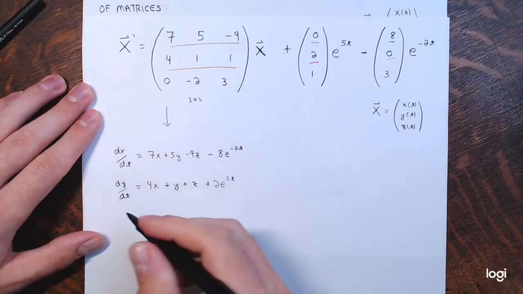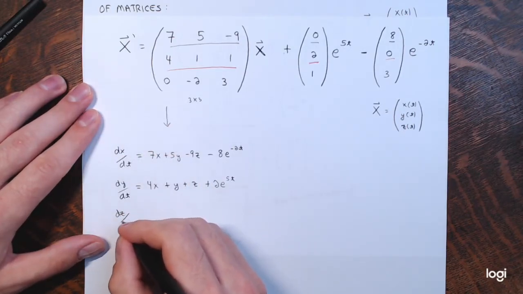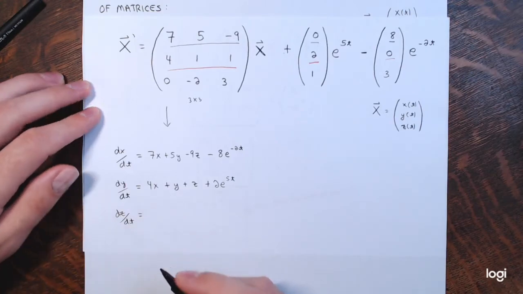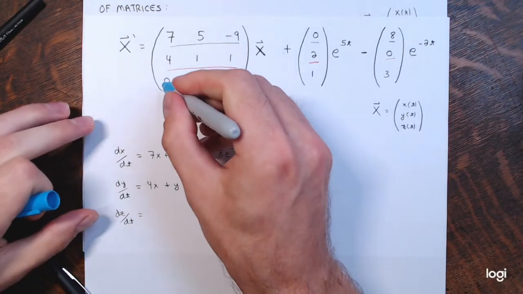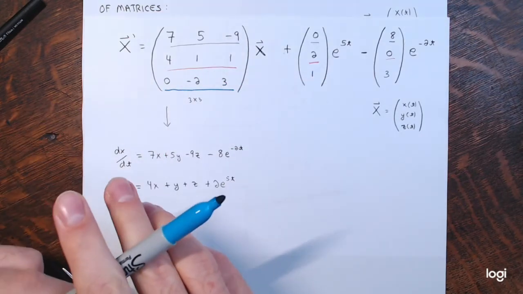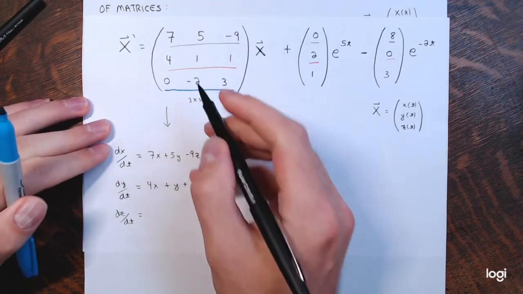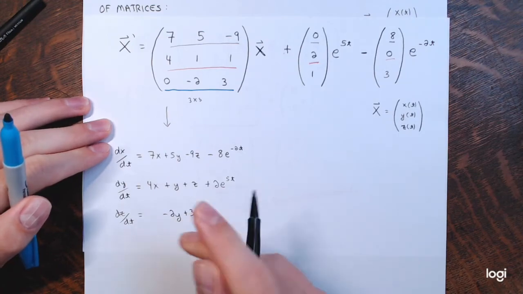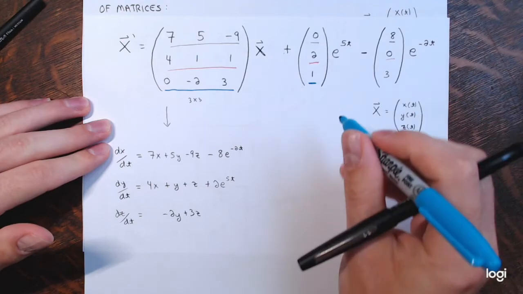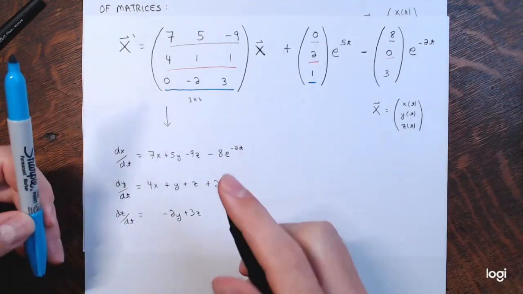And then third row, z prime or dz dt equals, and then the third row of this matrix, 0, negative 2, 3 corresponds to 0x minus 2y plus 3z, plus, third row here would be 1 e to the 5t.